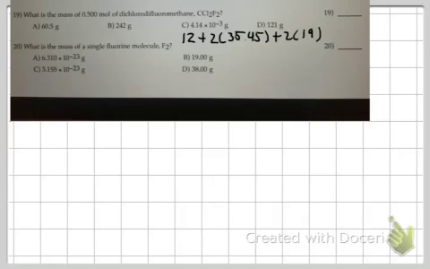And I'm getting those numbers from the bottom of the periodic table. So let's figure this out. 35.45 plus 19 plus 19 plus 12. It's 85.45. And it's half a mole. That's divided by 2. 42.